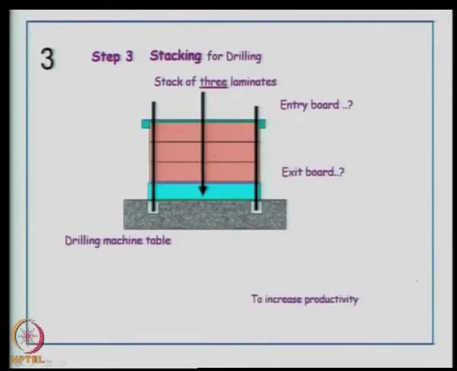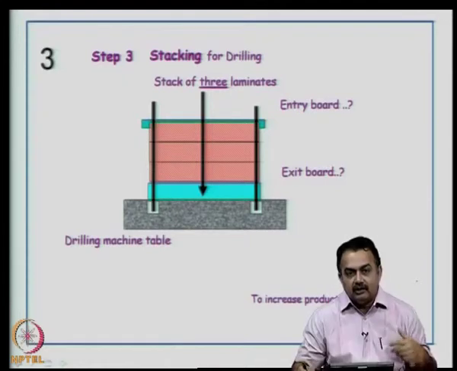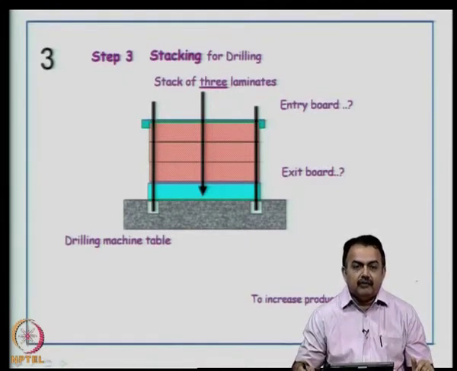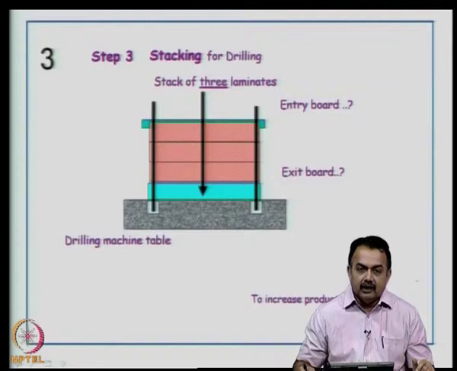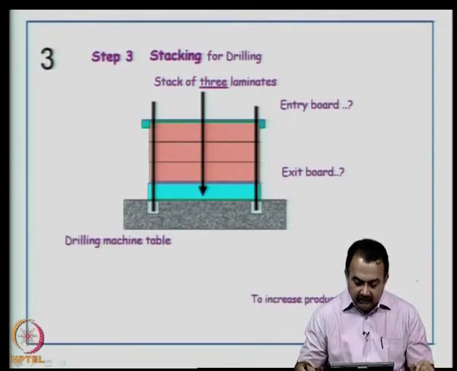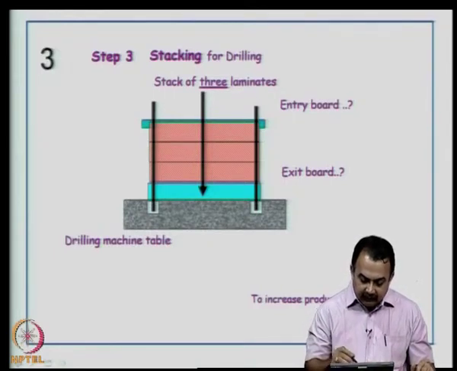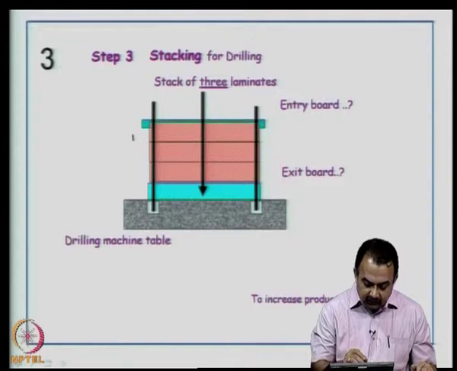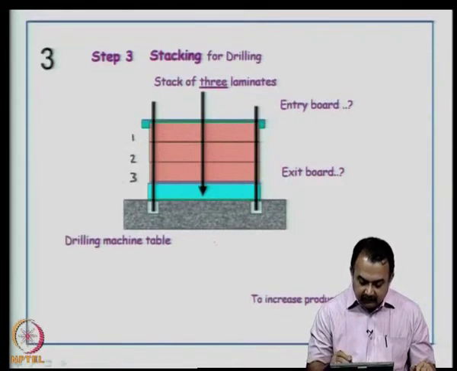Now, a requirement for a CNC drilling machine is that in order to increase productivity, you have to stack drill the laminates. Typically, you will use 3 laminate stacks for a CNC drilling machine. So, basically, if you look at this picture, there are 1, 2, 3 laminates that have been stacked.